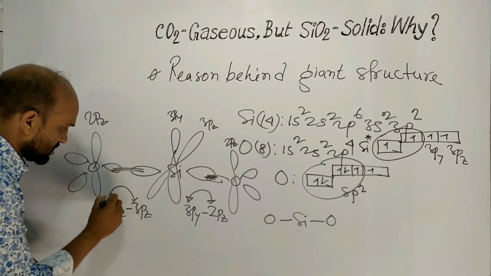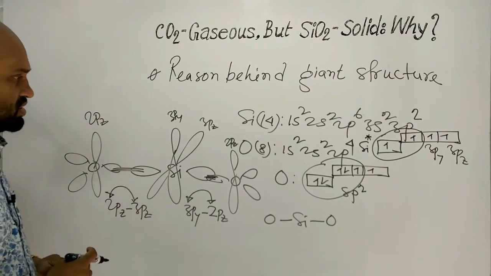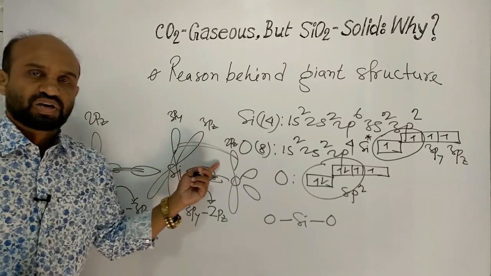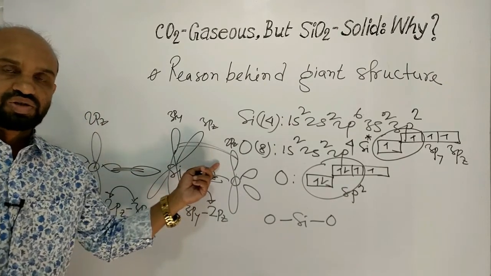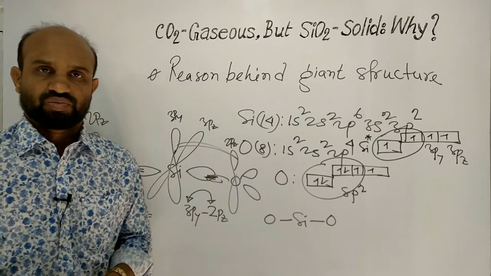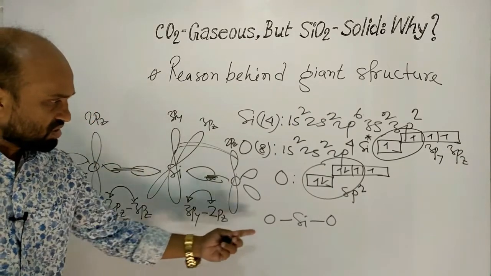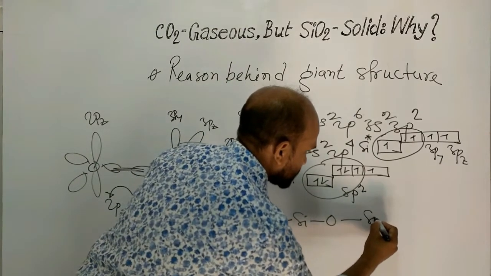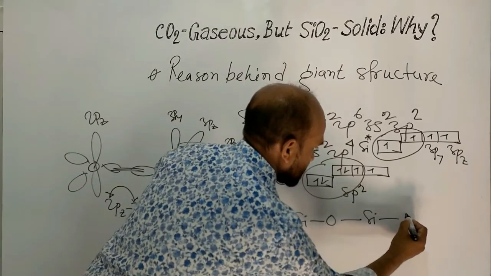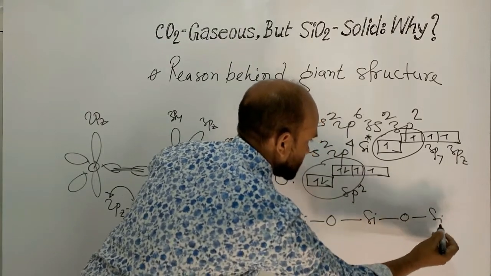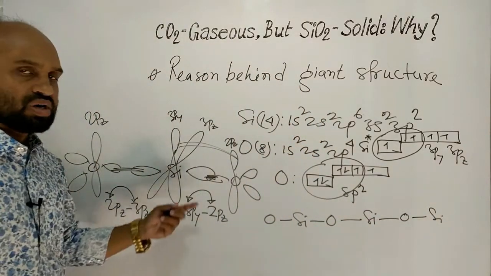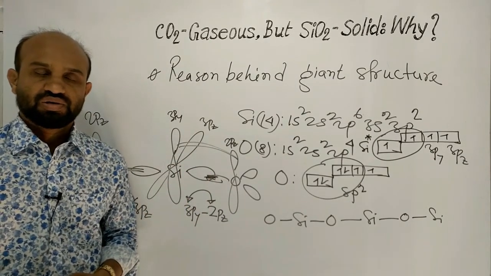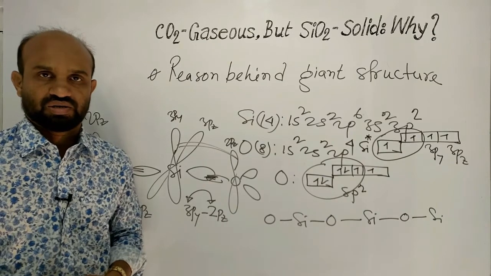there is a difference in principal quantum number between 3py and 2pz. That is why no stable pi bond is formed. That is why this oxygen forms another sigma bond with silicon. Again oxygen, again silicon. This is the only reason for not forming a stable pi bond between silicon and oxygen.